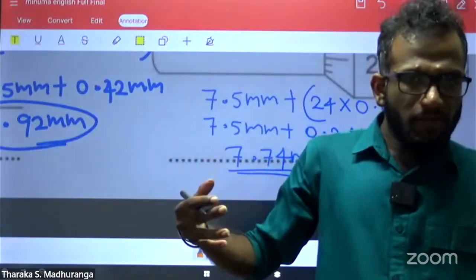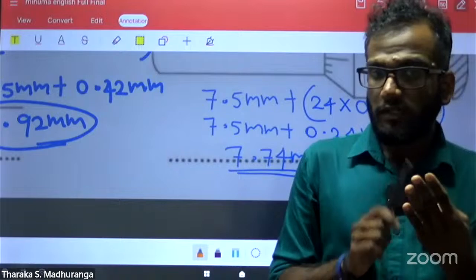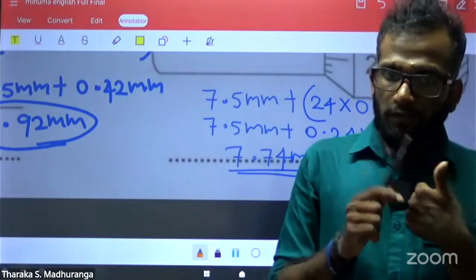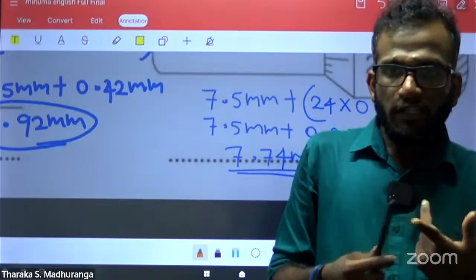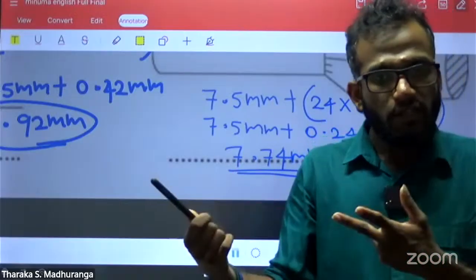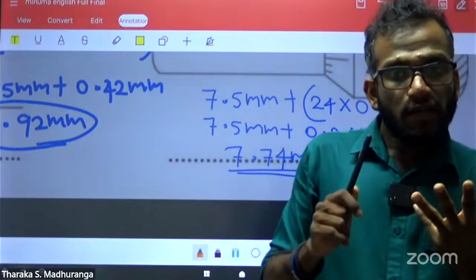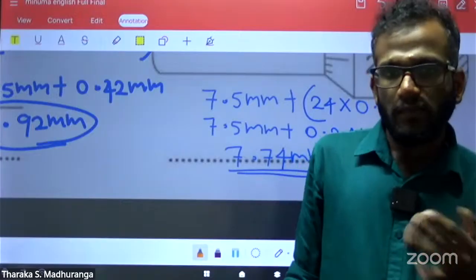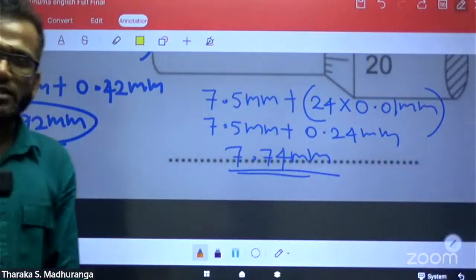In the entire A-level streams, only 4 subjects are allowed calculators. The first one, Science for Technology, our one, and the second one, Engineering Technology. Third one, Bio-system Technology. Final one, A-level Commerce accounting. For any other subject, calculators are not allowed yet.